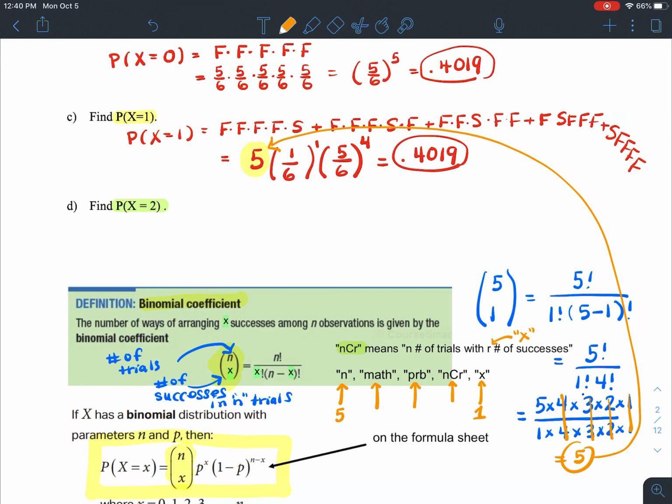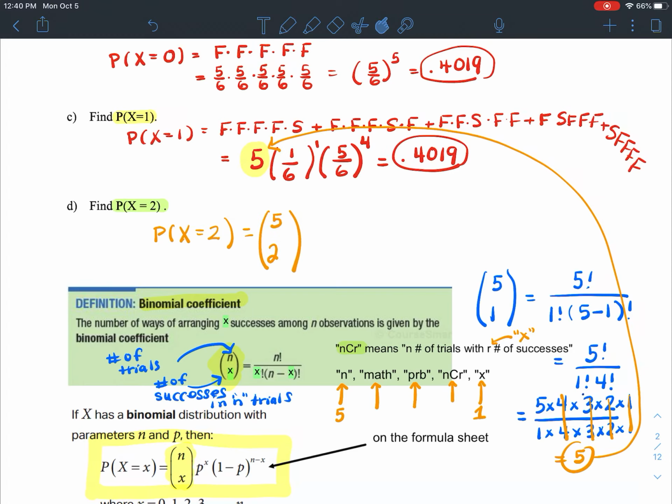So I'm going to use my formula here, the probability that x equals 2. I'm using this formula right down here that I have boxed in yellow because that's how it looks on the formula sheet. Now this is going to be 5 trials, but I want 2 successes.